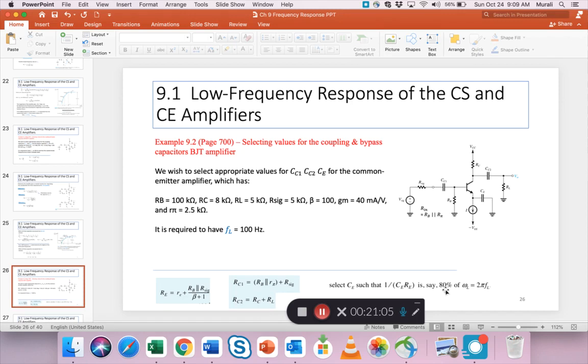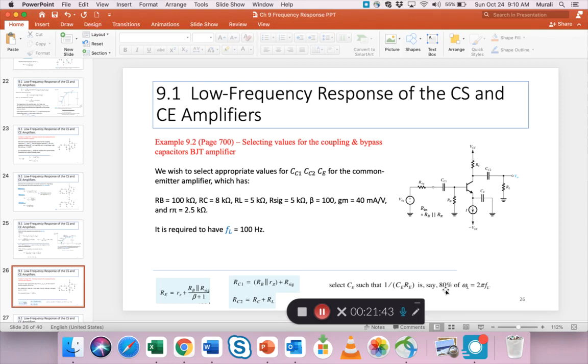Then he says, okay, so 80% of the frequency is taken care of. The remaining two capacitors will give us 10% of the frequency each. So then he multiplies 2 pi times 100 by 0.1 to get CC1, and again another 0.1 to get CC2. So using this method, he comes up with CC1, CC2, and CE.